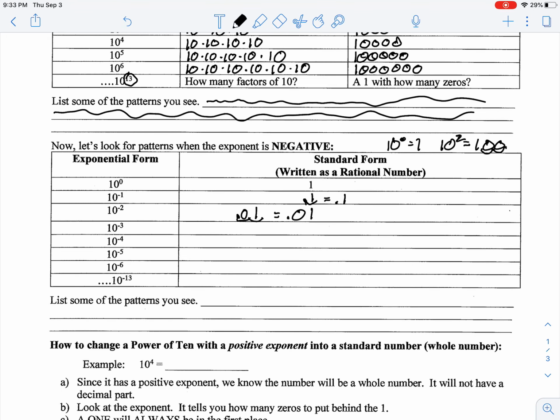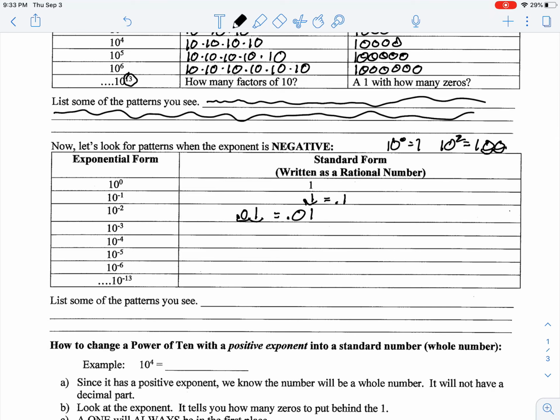That pattern is going to continue the same way all the way through. So 10 to the negative 3 would be 0.001. 10 to the negative 4, 0.0001. And I think you can see the pattern that's going to happen here.